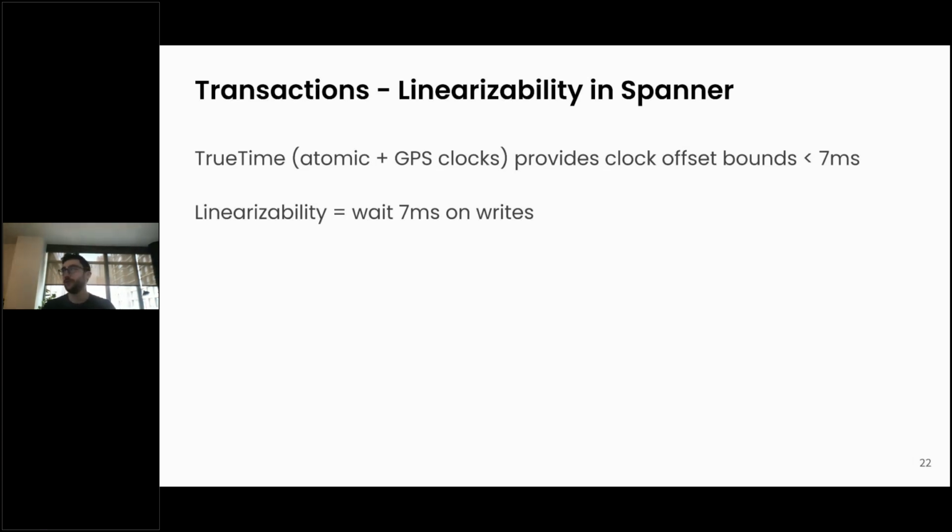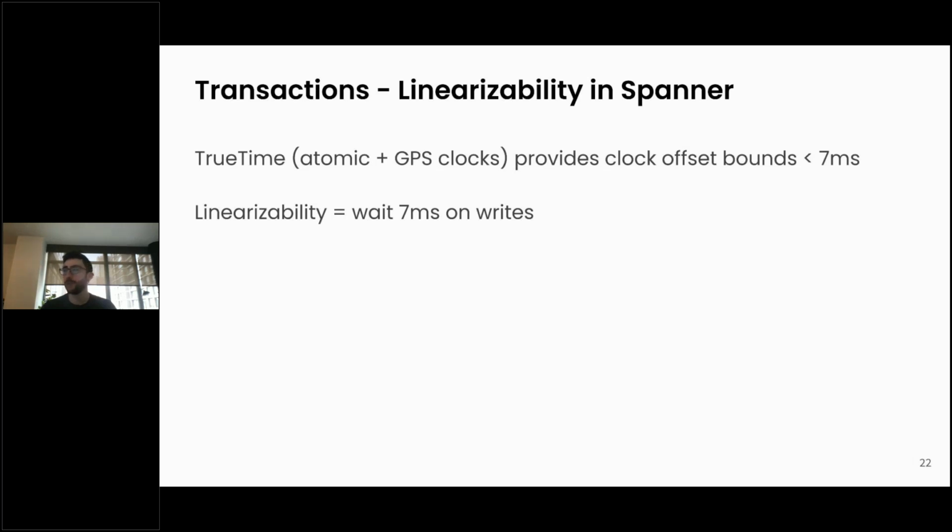They're synchronized to a degree where the offset between any two nodes is less than 7 milliseconds. That's what they cite in the original paper. I've heard it's gotten a lot better since then in terms of their maximum offset bounds. And if it only needs to wait for 7 milliseconds on writes, that's not much of a cost to pay in order to provide the external consistency guarantee that it talks about.